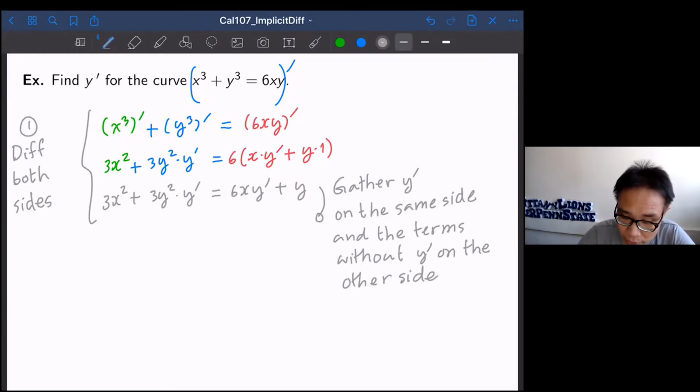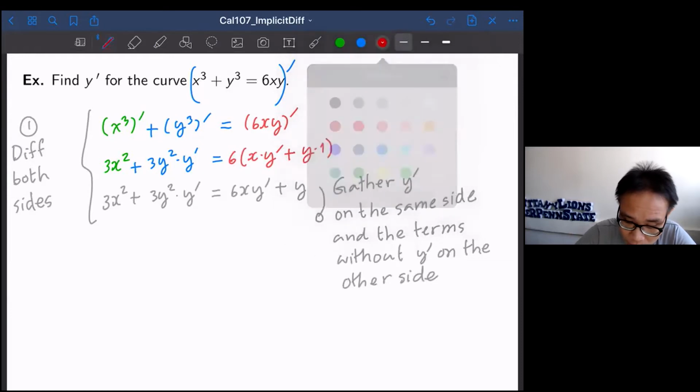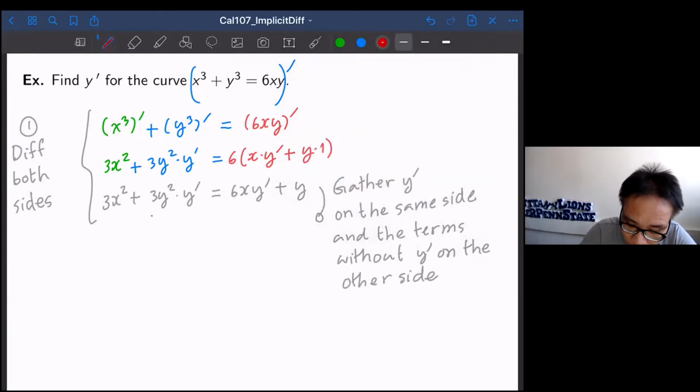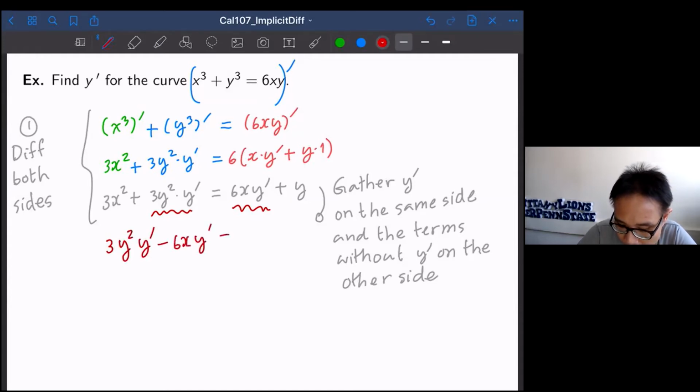What does it mean? It means that you're gonna gather this term and this term together on the same side.